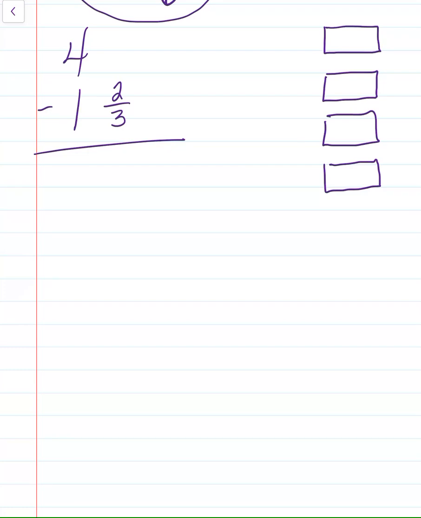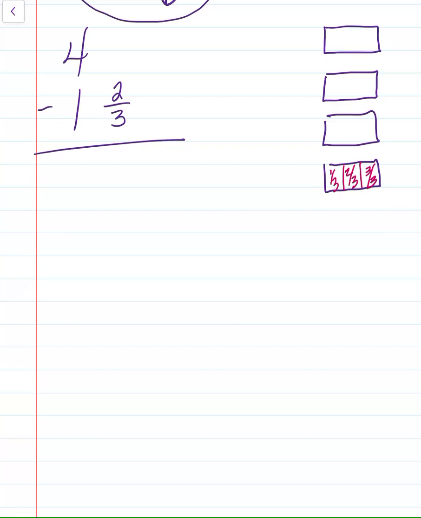But when we look at our picture over here, there are no thirds there. So how can we take thirds away? Well, we have to make the thirds. Okay, so I'm taking one whole candy bar and I'm breaking it up into 1/3, 2/3, and then 3/3. Right? So I took a whole and I broke it into 3 pieces because I needed thirds to be able to take away.